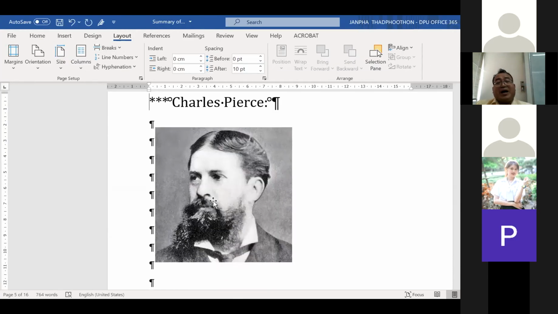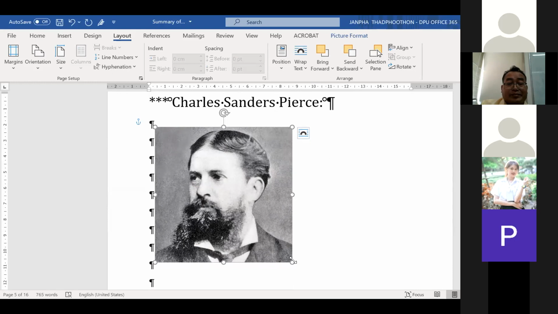That's the theory by De Saussure. De Saussure was a Swiss linguist. Here comes Charles Sanders Peirce. His middle name is Sanders, I think. Charles Sanders Peirce is American. This is what he looks like.